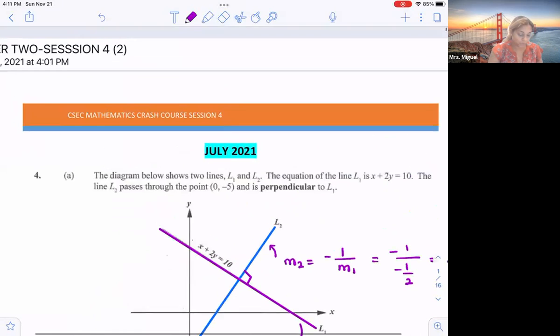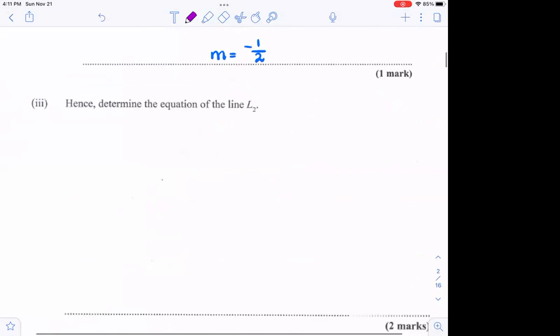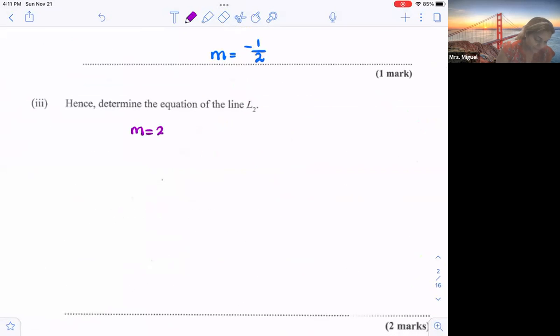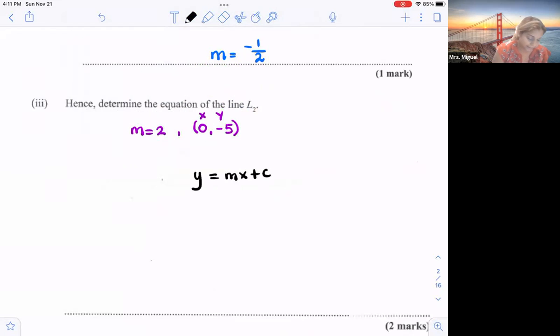And we have a coordinate (0, 5). So m is equal to 2, and the coordinate (0, 5). This is my x and y. y is equal to mx plus c. So wherever I see y, I'm going to replace it with 5.